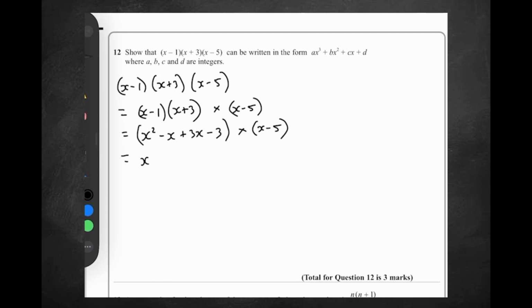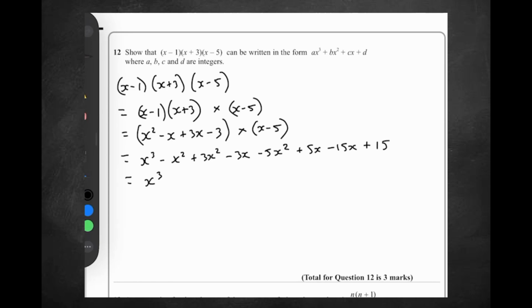So we're going to get x cubed minus x squared plus 3x squared minus 3x. That's timesing it all by x. Now we'll times it all by minus 5. Minus 5x squared plus 5x minus 15x plus 15. Now we'll put all the like terms together.